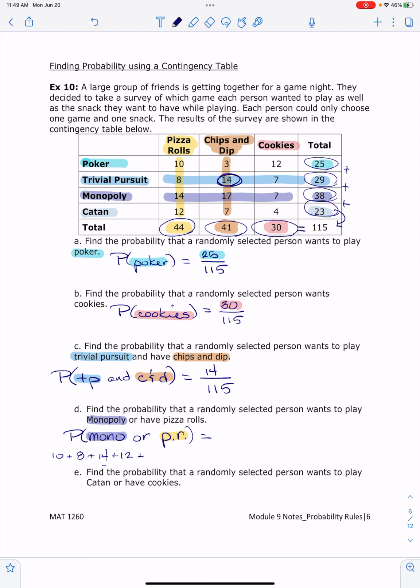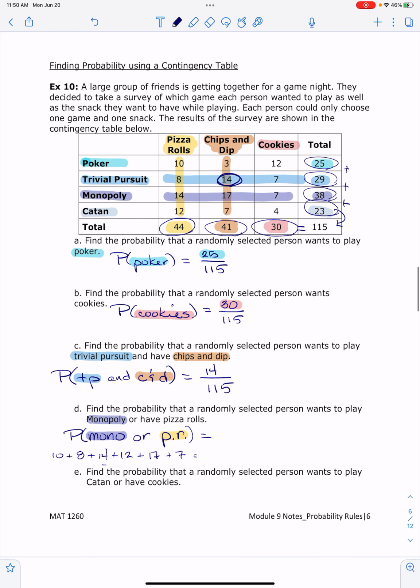I don't want to double count it. So I'm going to move on to Monopoly and chips and dip and Monopoly and cookies. Okay, so wrap your head around what happened there for just a minute. Here we get 78 out of our 115.